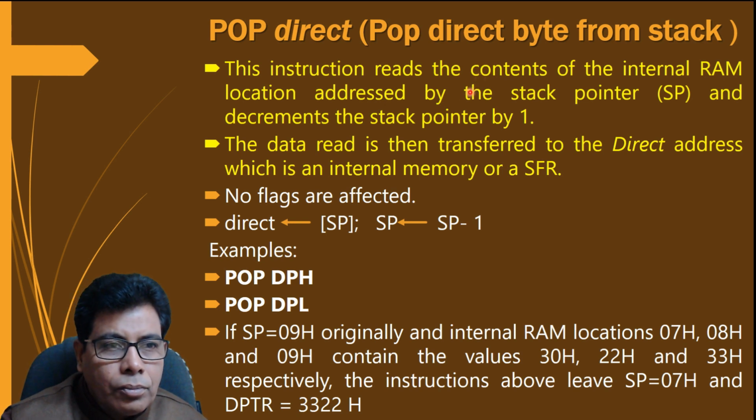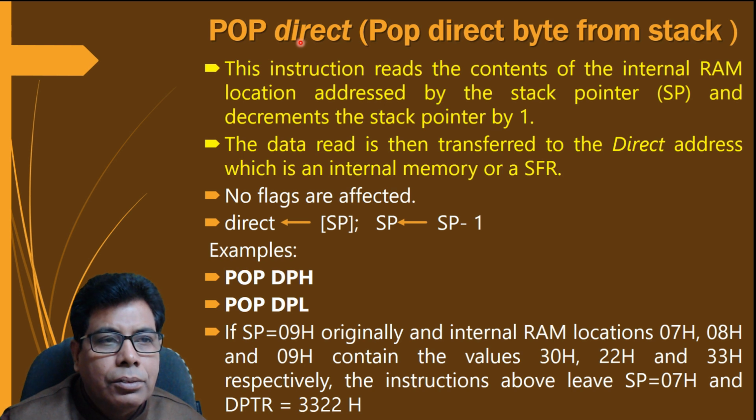Now in this example we are taking the special function registers DPH and DPL. Combinedly they are called the data pointer. This is the data pointer higher byte, and this is the data pointer lower byte.